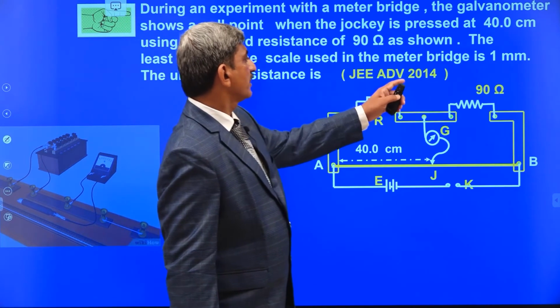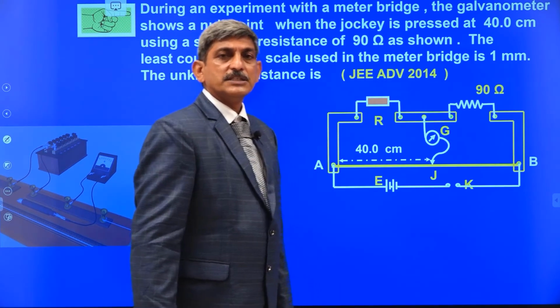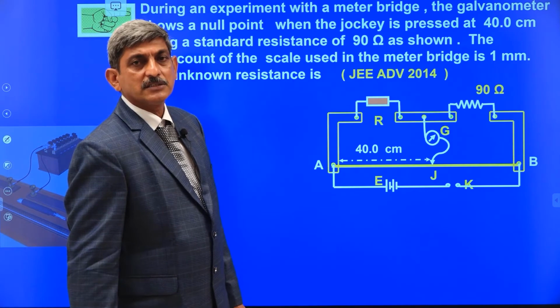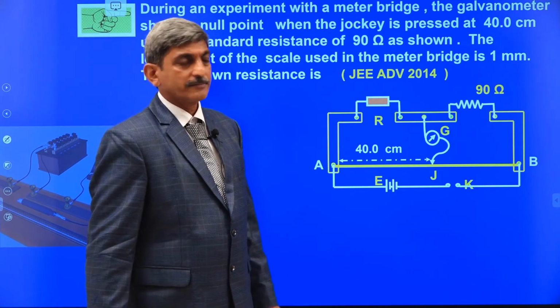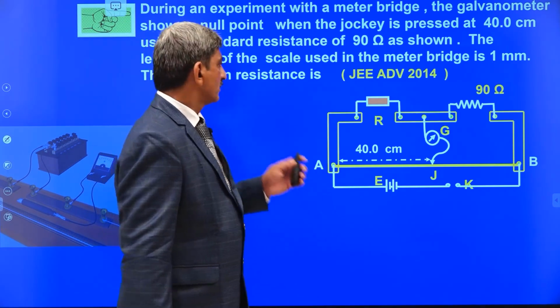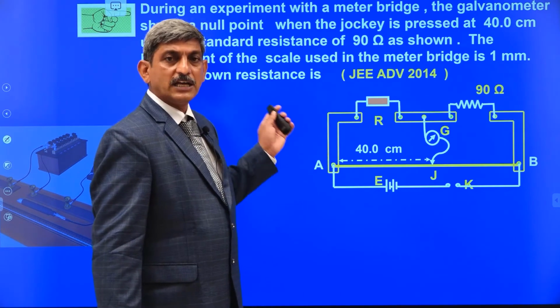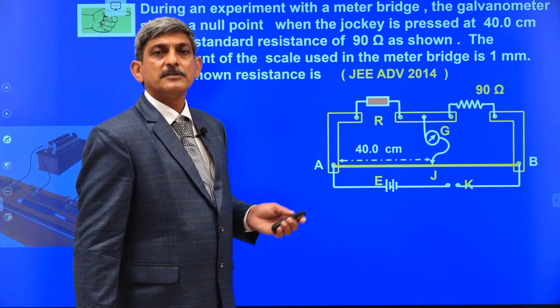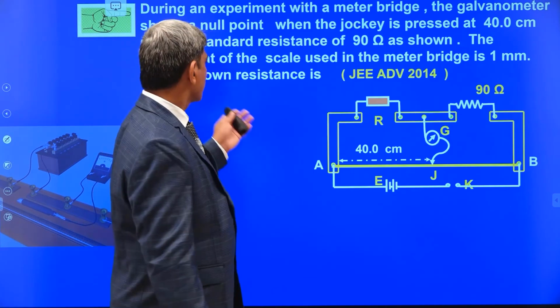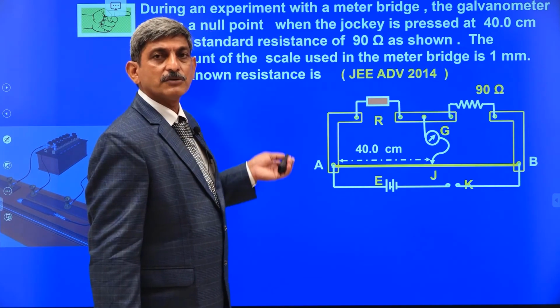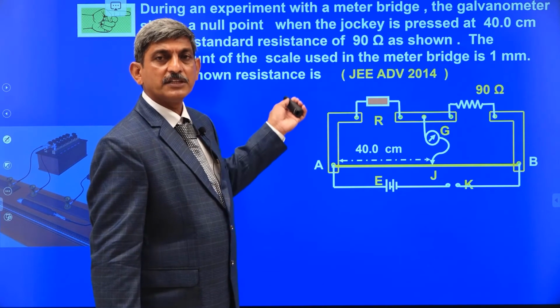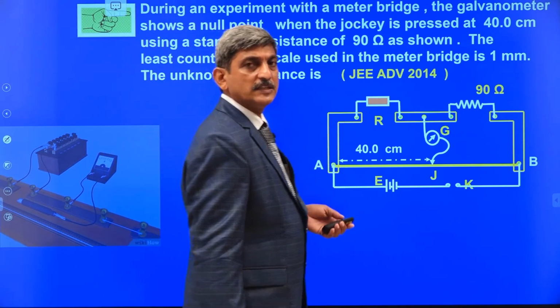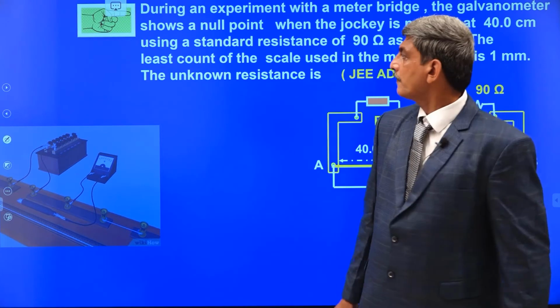This was also given in JEE Advanced in the year 2014. Now in the options, the resistance value is given with errors. Here I am not giving the options. In the original question, the options are given with the errors in the measurement of the resistance.